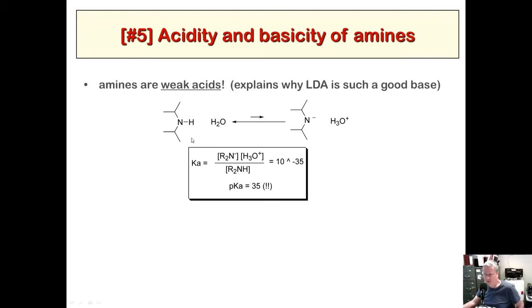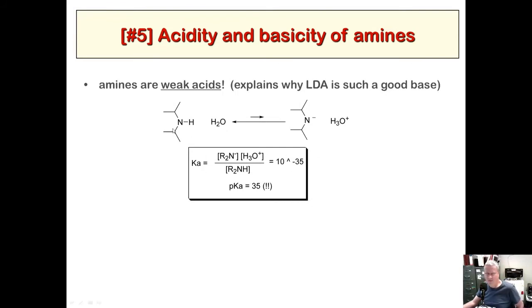The way we talk about the weak acidity of an amine is we talk about the pKa, and we look at the dissociation, right? It's very disfavorable to go to the right here, and the K value is 10 to the negative 35, so it's 1 with 35 zeros in front.